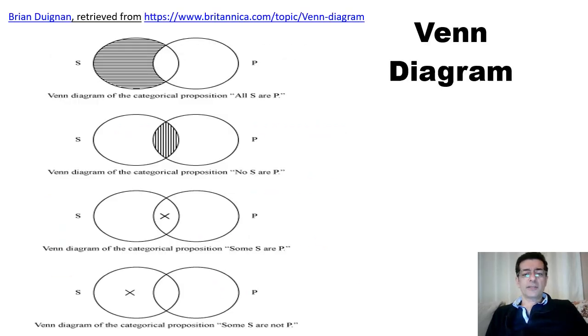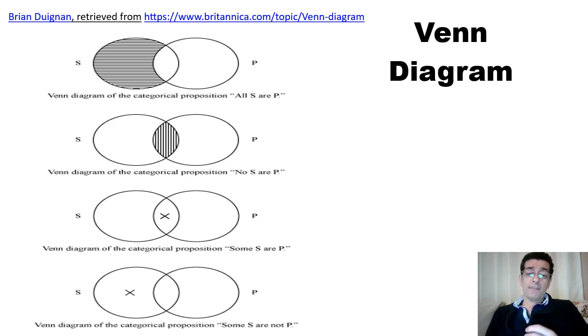Now let's look at Venn diagrams. Venn was a British logician who used these diagrams for the first time. Let's look at our categorical claims. Remember, we had 4 categorical claims, and these claims are about classes or categories. As you can see in each picture, there are 2 circles that overlap or intersect.